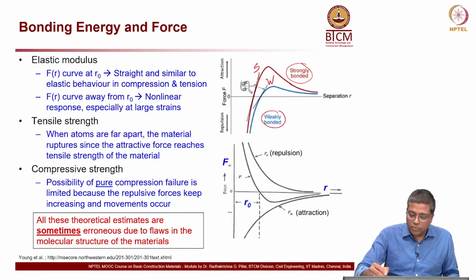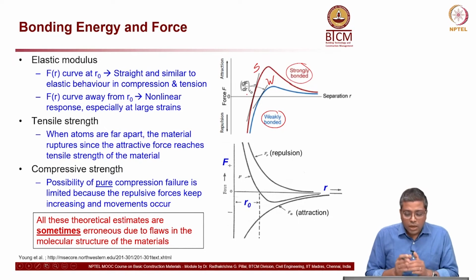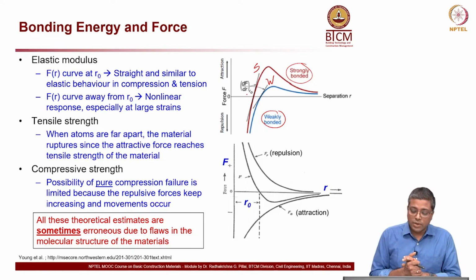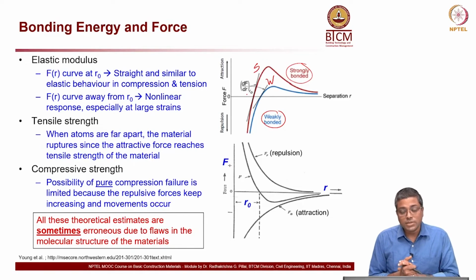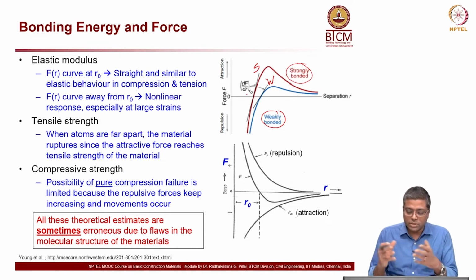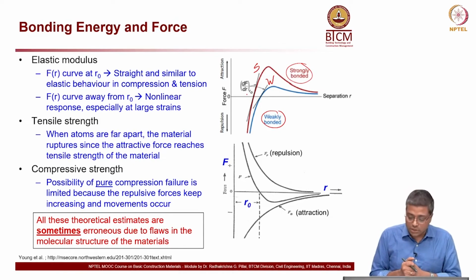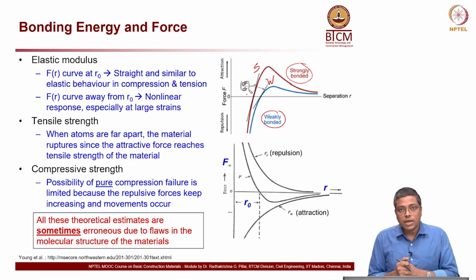So, the slope of these two lines, and also the fact that it is straight over there, indicates that we can determine the modulus of elasticity. If I convert that into stress and strain, then I can actually calculate the modulus of elasticity.